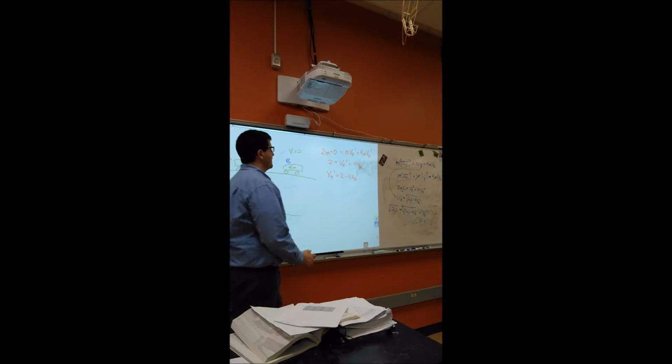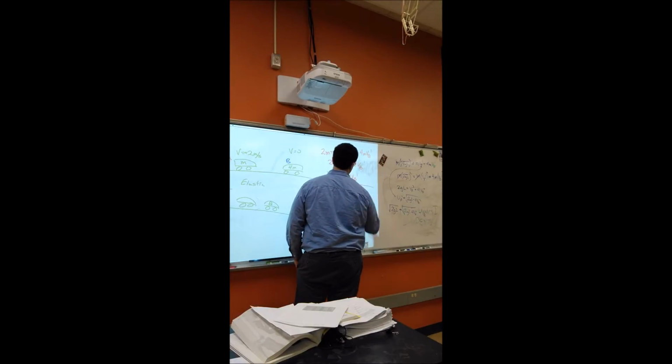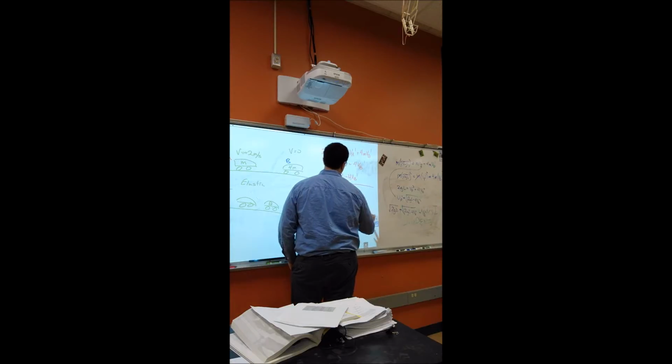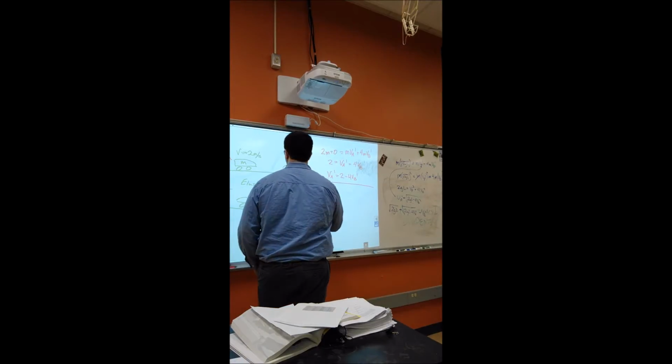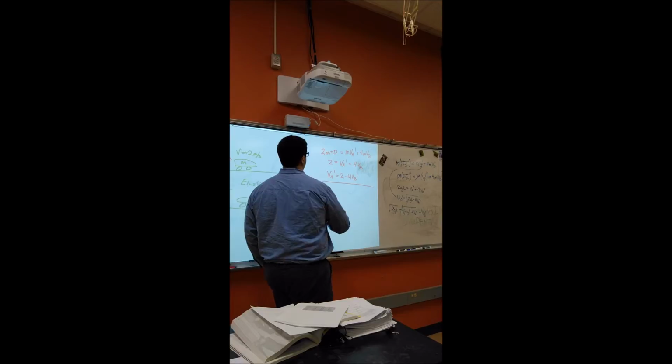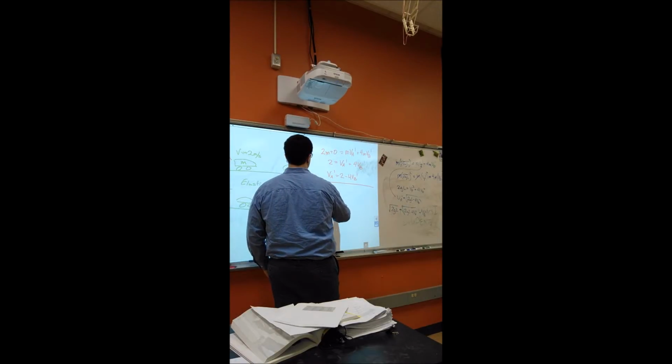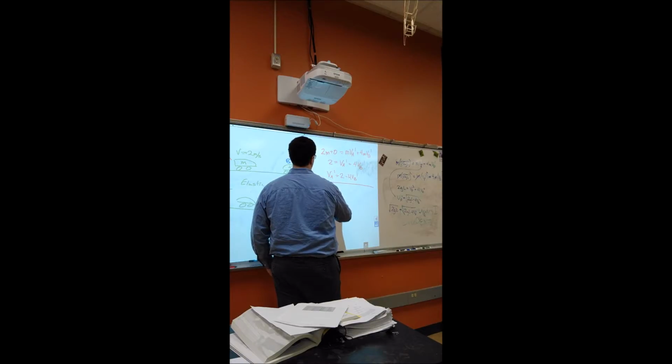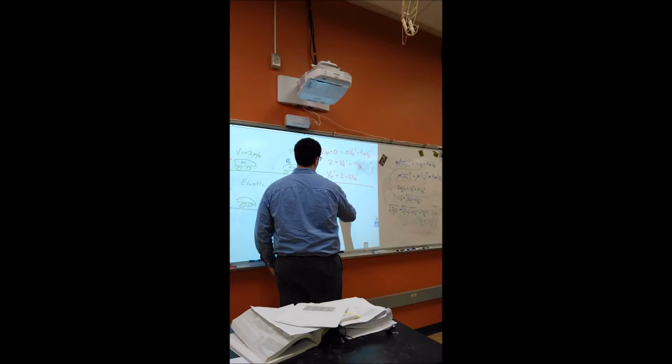All right, now, so that was for momentum. Let's look at energy. So energy, we have 1/2 mv squared plus 1/2 mv squared equals 1/2 mv prime squared plus 1/2 mv prime squared. The reason why we're doing this is because it's elastic, so we know energy is conserved. All right. So we end up getting 1/2 m times 4, right?